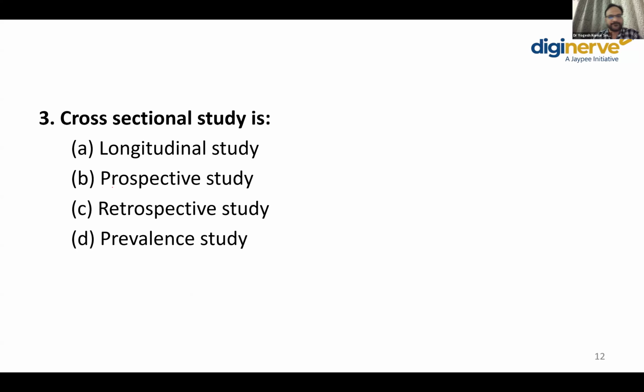Cross-sectional studies. Cross-sectional study is a longitudinal study, or a prospective study, or a retrospective study, or a prevalence study.